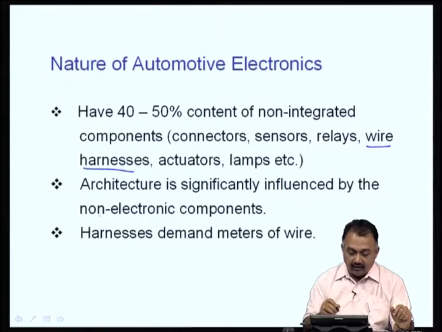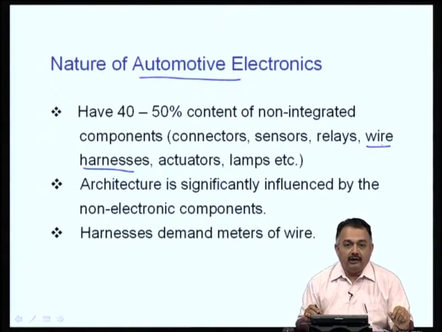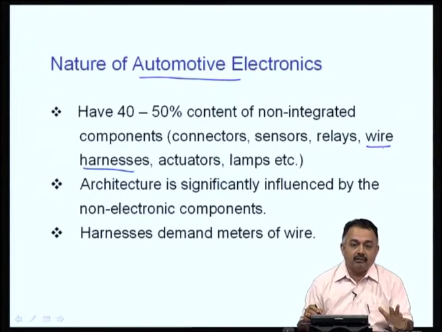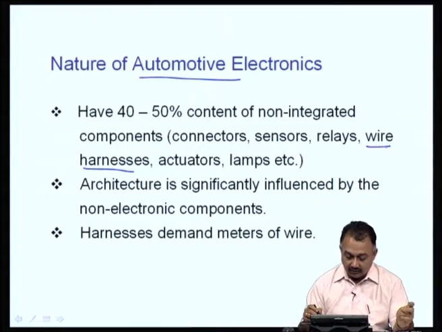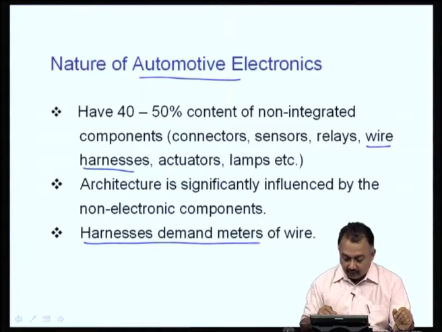So, if you look at automotive electronics, you can safely say that the active devices will be much less compared to the electromechanical components like relays, sensors, connectors and so on. And they also harness a lot of wire throughout the system.